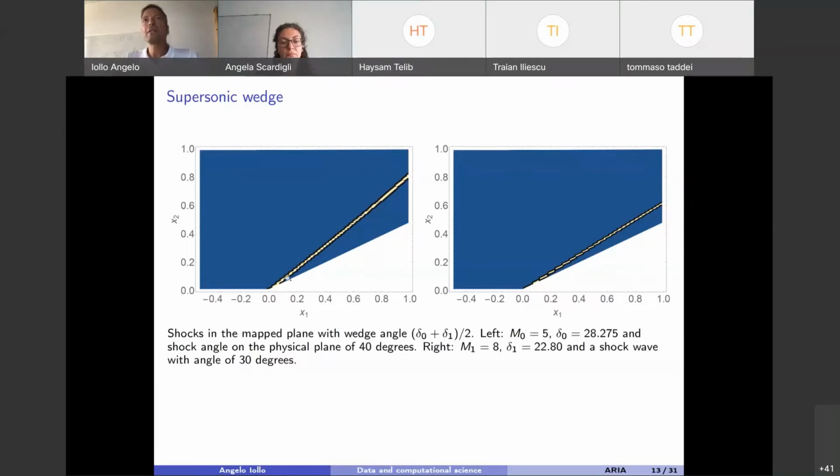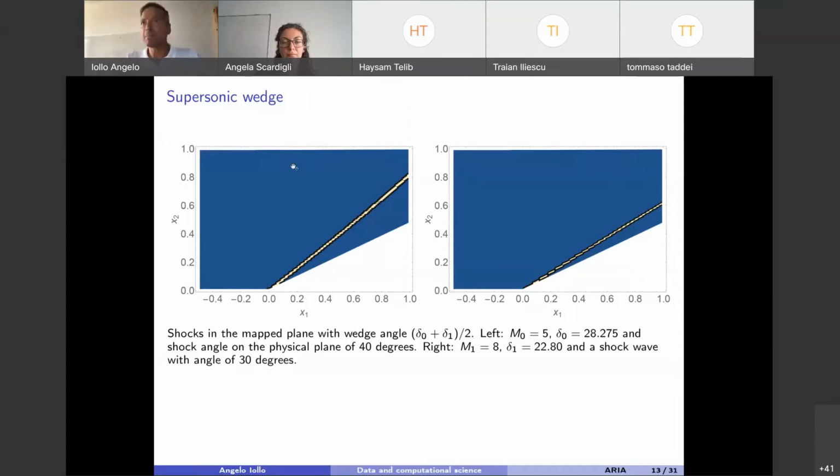So what you see here is a reference plane corresponding to the average of the two wedges. The solution for Mach at infinity 5 is mapped here on the left, and Mach at infinity 8 is mapped on the same reference domain on the right.